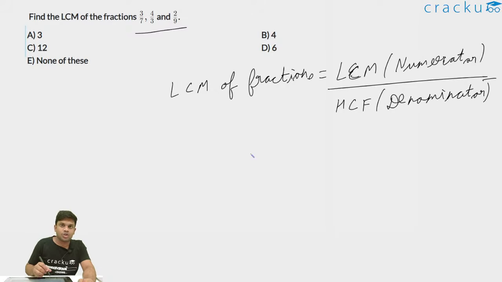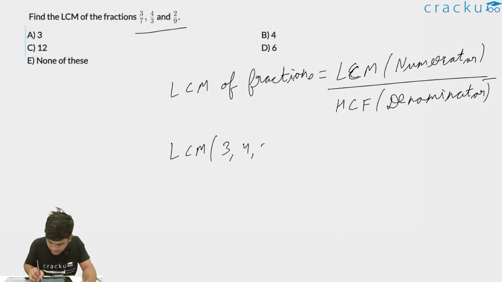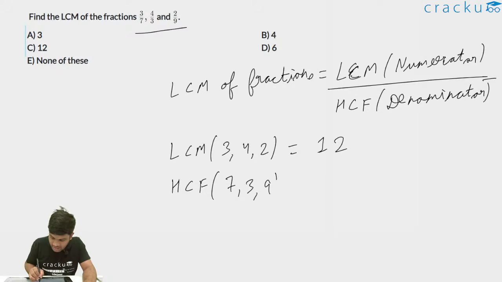For the numerators of all the three fractions, we have to find the LCM of 3, 4 and 2. When you find the LCM of 3, 4 and 2, you will see that it is 12. And HCF of denominator, which is 7, 3 and 9.